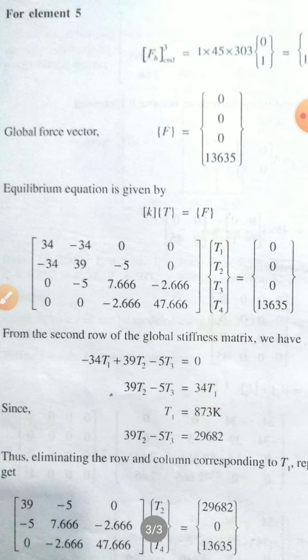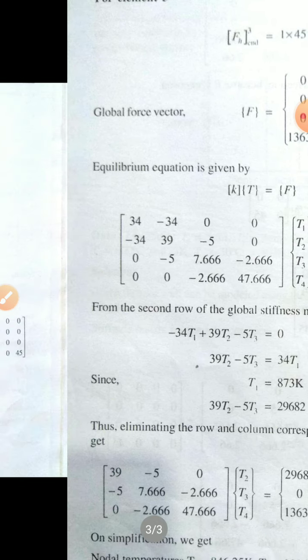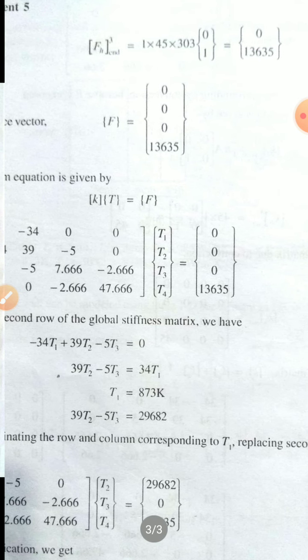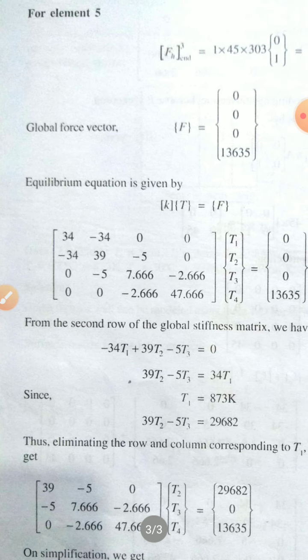Now the equilibrium equation is given by KT is equal to F. Already we know from solving problems on stepped bars that it is Kq is equal to F; here it is KT is equal to F. Then we consider the second row of the global stiffness matrix: minus 34, 39, minus 5, 0, times T. Multiplying the second row with the column gives minus 34 T1 plus 39 T2 minus 5 T3 is equal to 0.